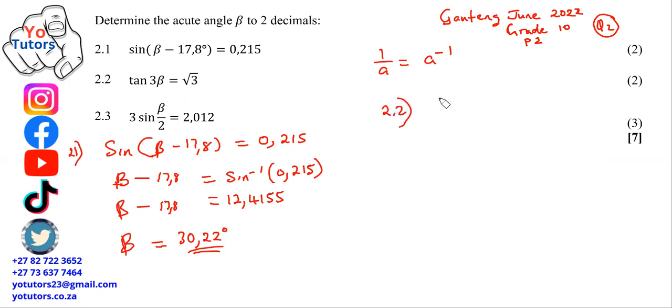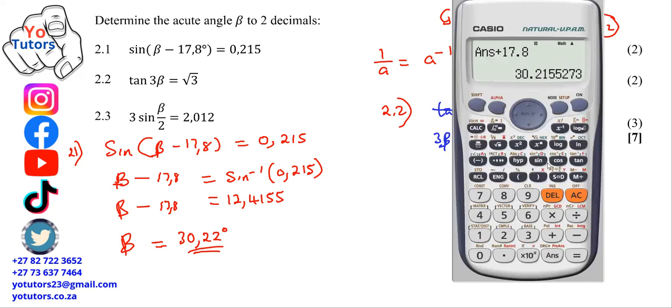In 2.2 we are given tan 3 beta equals √3. Now what we need to do is take tan to the other side. So 3 beta is going to be equal to tan^-1 of √3. We can punch our calculator there and see what we have. Shift tan √3.